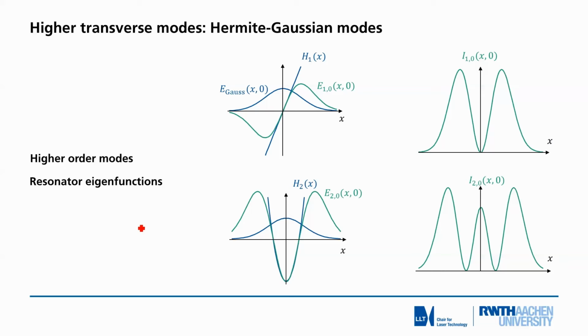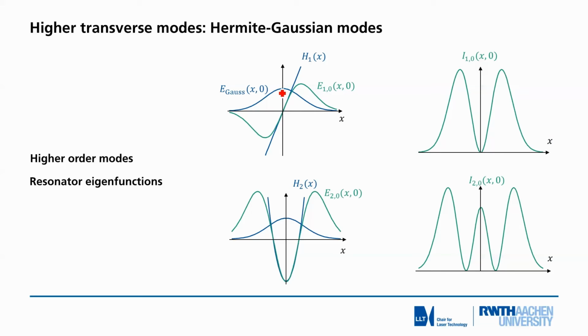If we look at the higher order modes in the transversal mode formation, it is always a Gaussian mode E Gauss as printed here. You see the classical function, the Gaussian distribution.